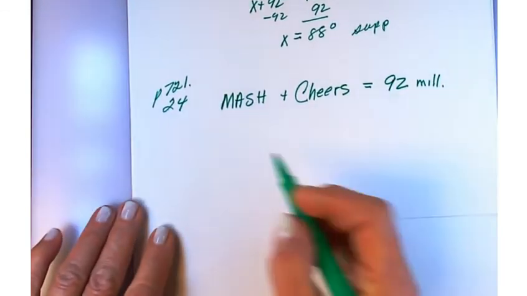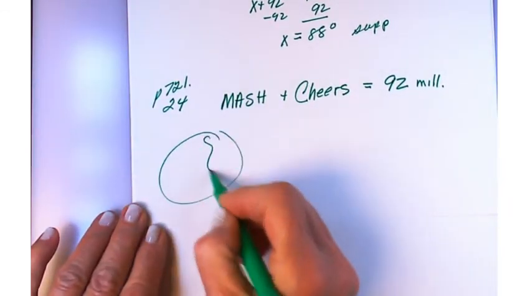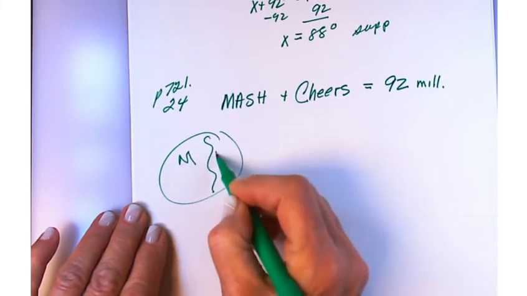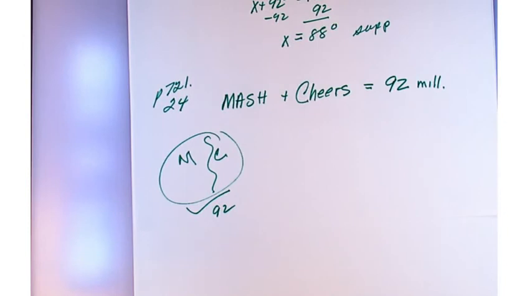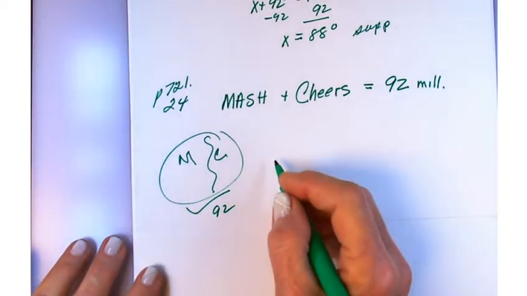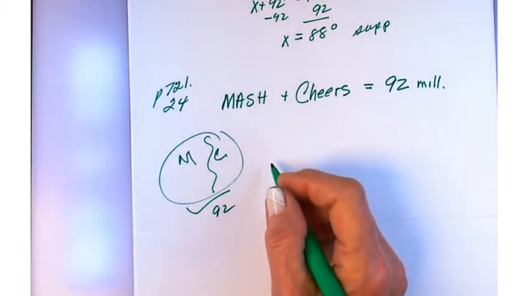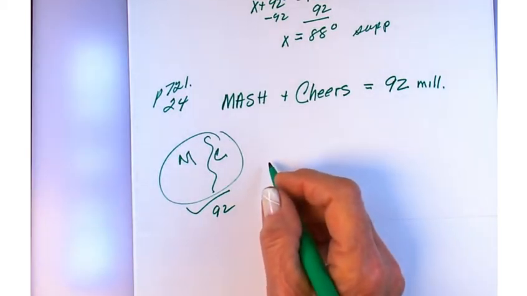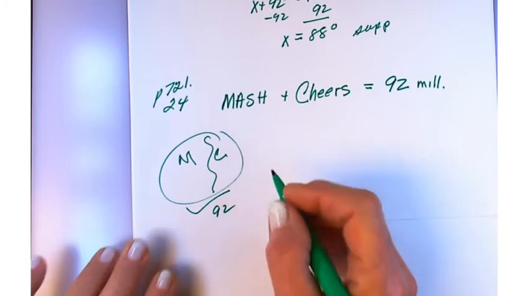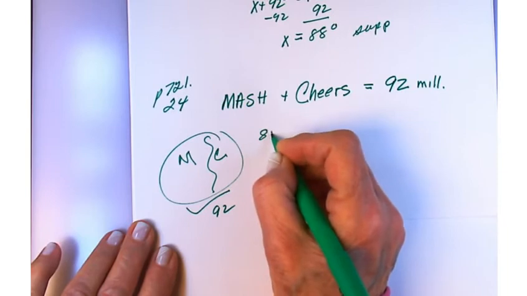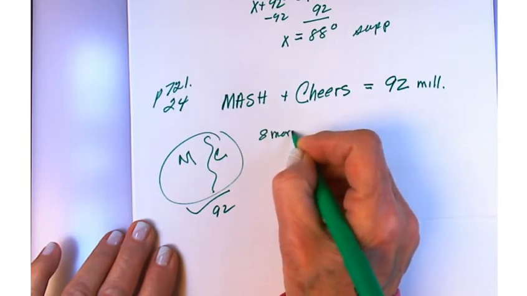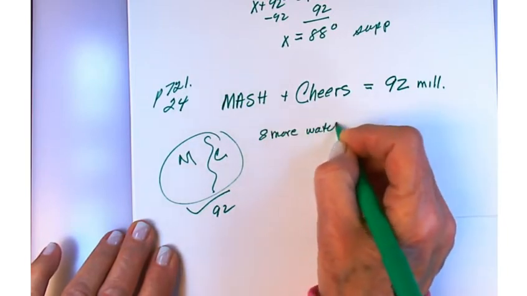So I'm going to have MASH plus Cheers, and I know this is 92. I need to define MASH and Cheers. So let's look. I'm given that 8 million more people watched MASH than Cheers.